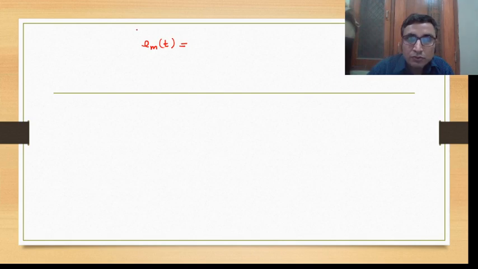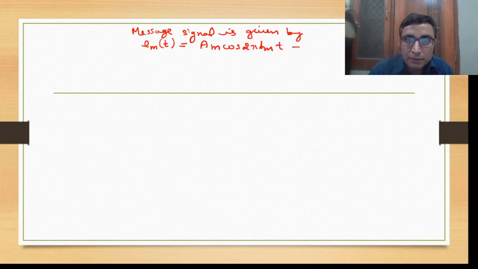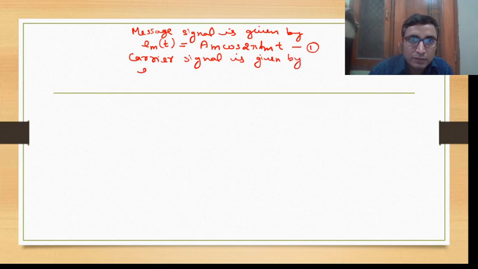As we know, the equation for the message signal is given by Em of t is equal to Am cos 2 pi fmt, and for the carrier signal Ec of t is equal to Ac cos 2 pi fct.